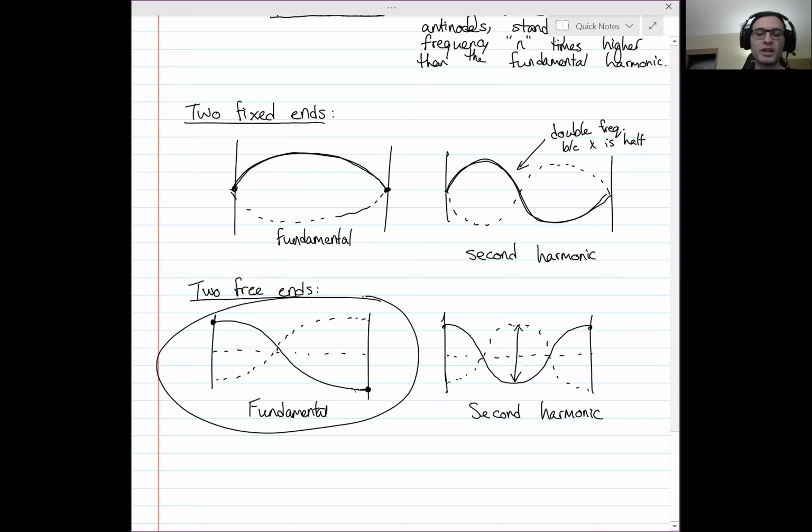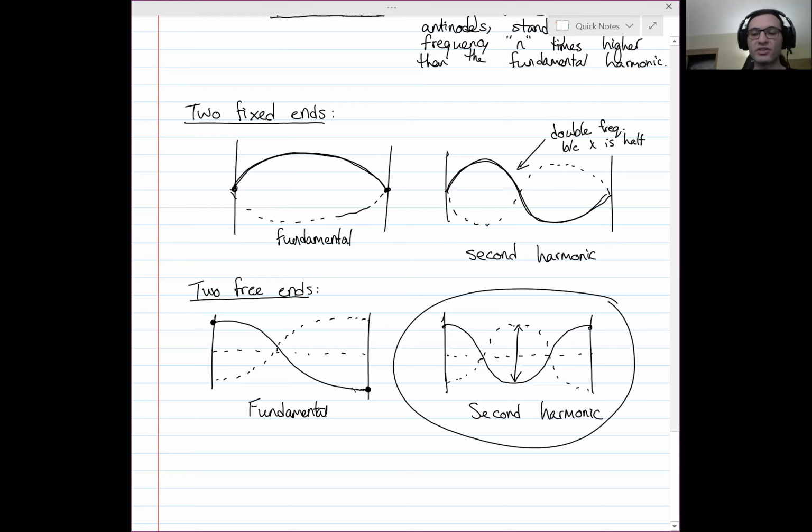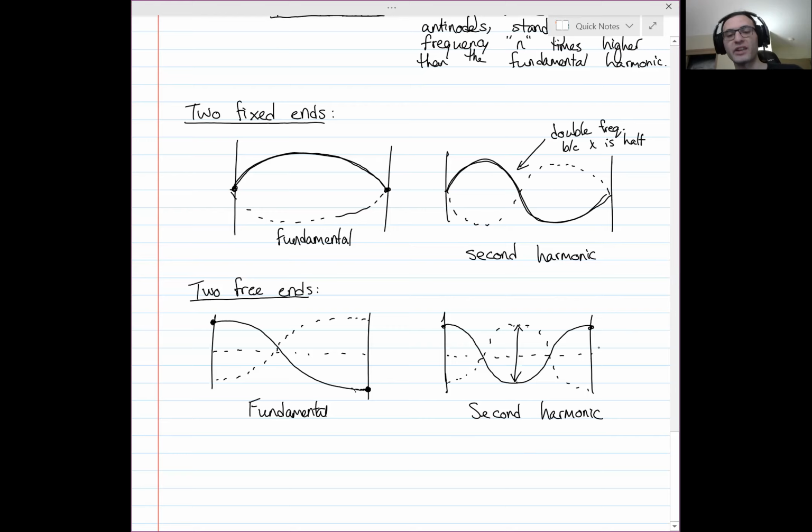Here, for the fundamental case, you have exactly half of a wavelength, right? It goes from high to low, but it doesn't go back to high. In this case, we have precisely 1 full wavelength. It goes from high to low, back to high. So again, we have a wavelength that's half as long for the second harmonic, which means that the frequency has to be twice as large.